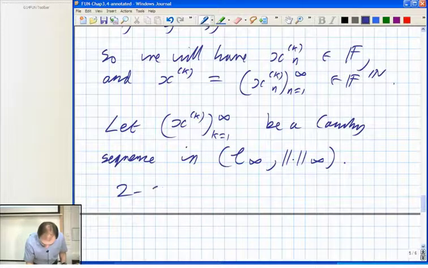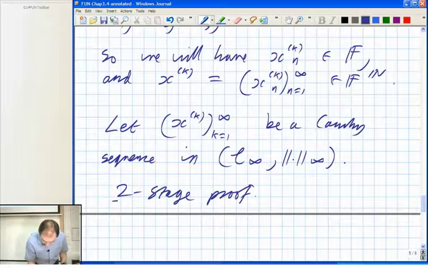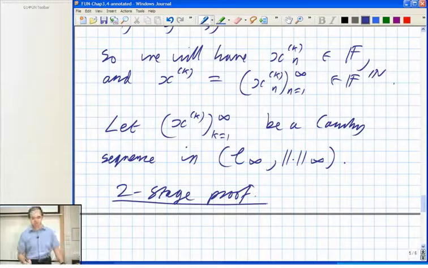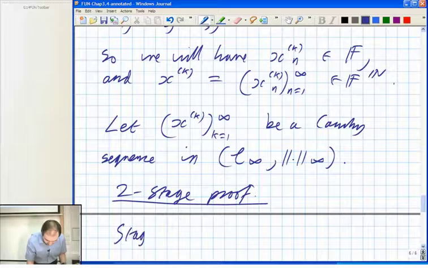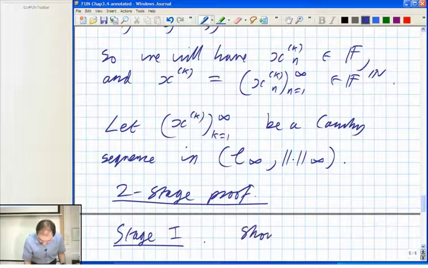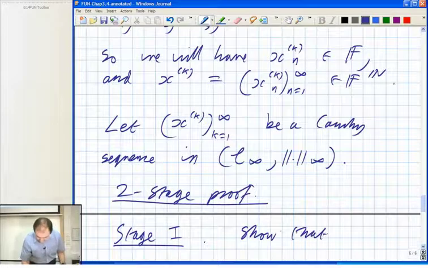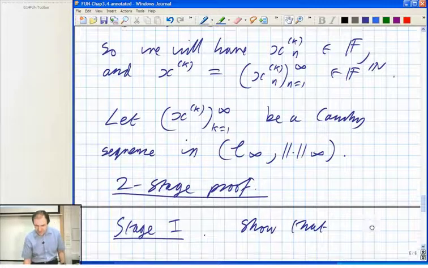It's a two-stage proof, where the second stage is really, I think of it as two stages combined. So stage one is to show that the x^(k) converge term-wise to something.